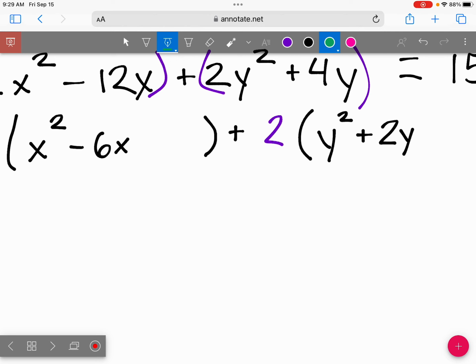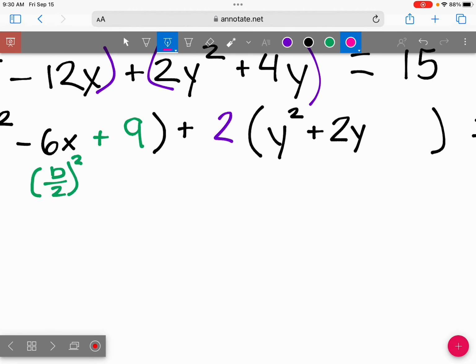If it helps, we can think back to our complete the square days and when we did b over 2 squared, if that helps you for these middle terms. So for our x's, we're going to add what? 9. For my y's, we're going to add what? 1. b over 2 squared. 2 over 2 gives us 1. 1 squared is 1.